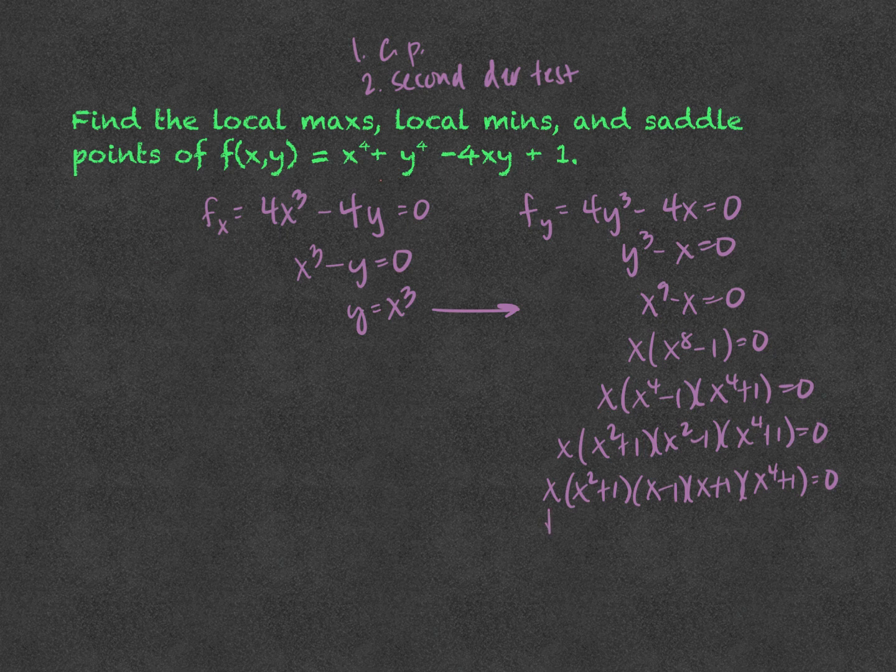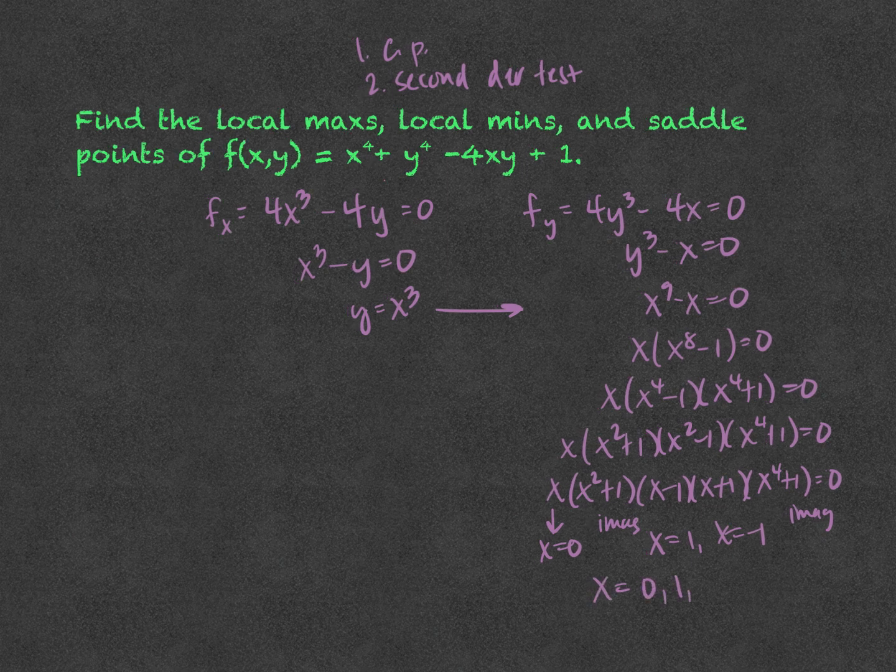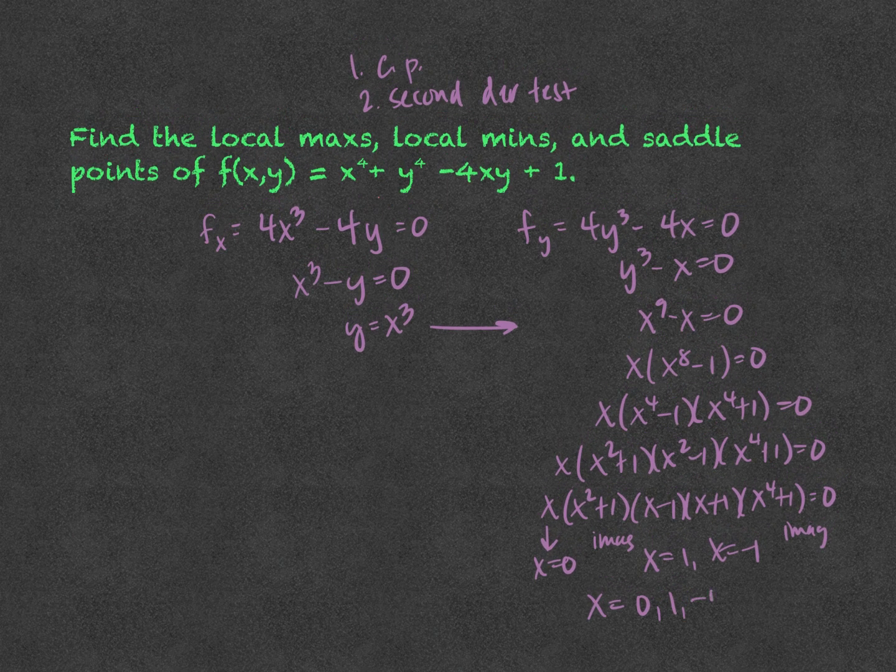So here we have x equals 0. Here we have imaginary. Here we have x equals 1. Here we have x equals minus 1, and here we have imaginary. Imaginary roots are not helpful when we're working in 3D, so we're only going to look at the real solutions. Our real solutions are 0, 1, and negative 1.